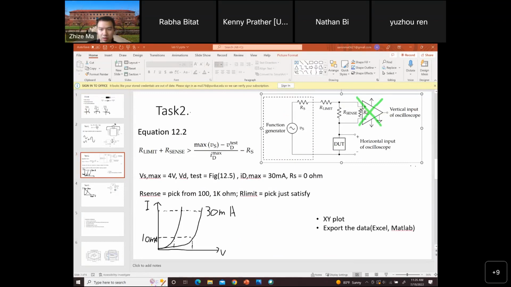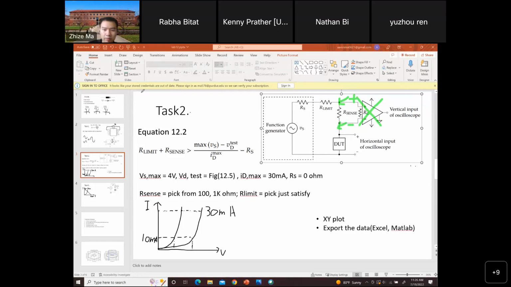You can just ignore this amplifier. You can put the oscilloscope positive pin and negative pin here. Then the oscilloscope can directly read the differential signal from your AD2.